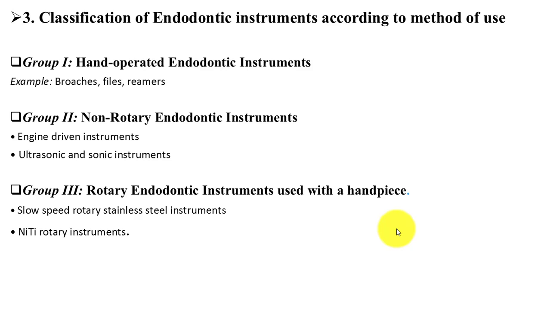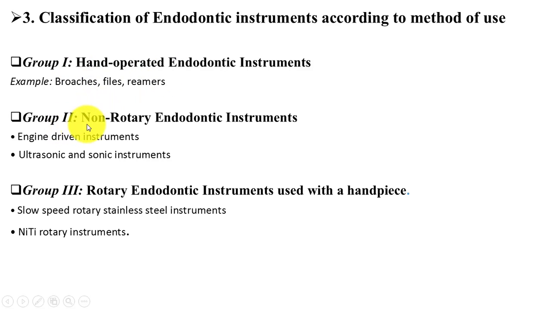The third classification is according to the methods of use. There are again 3 groups. The first group is hand operated endodontic instruments, used only by hand. For example, broaches, files, and reamers are all hand operated.